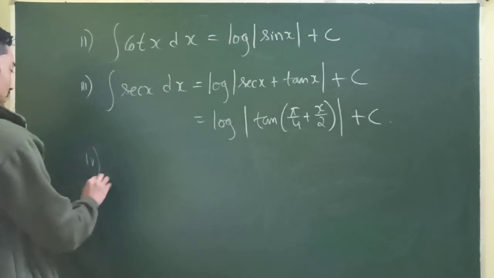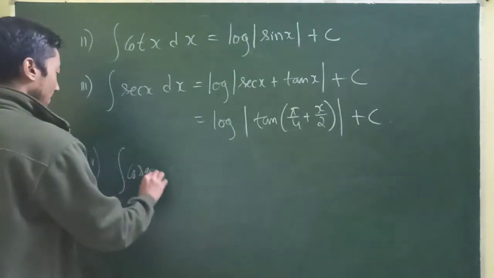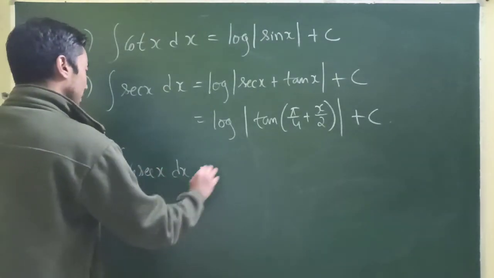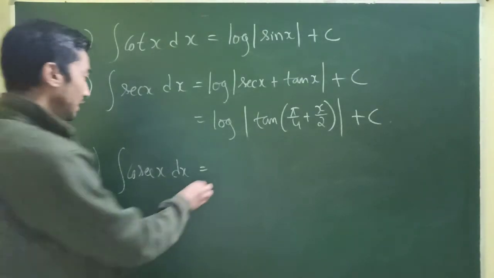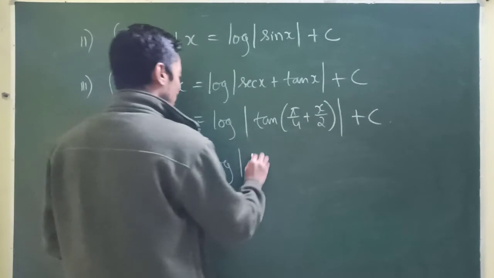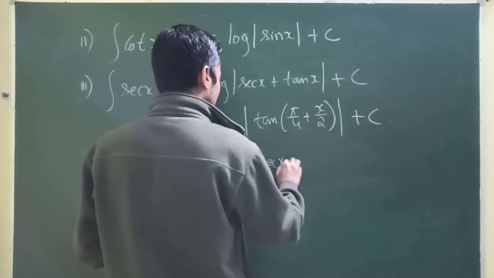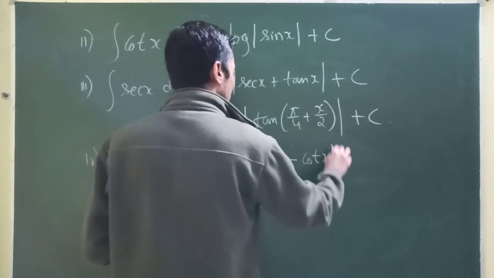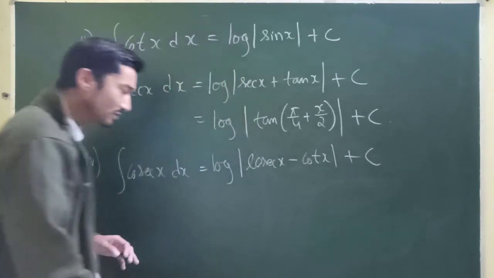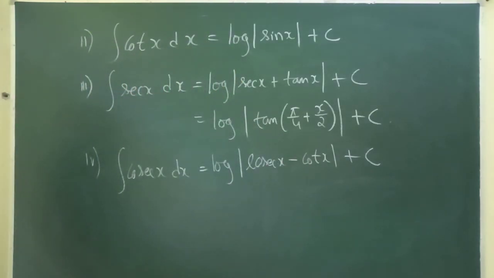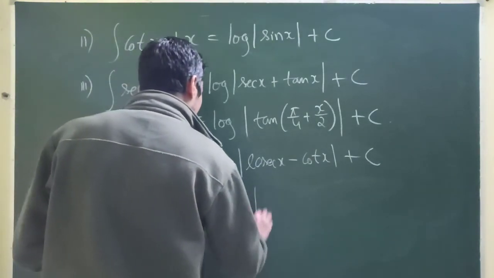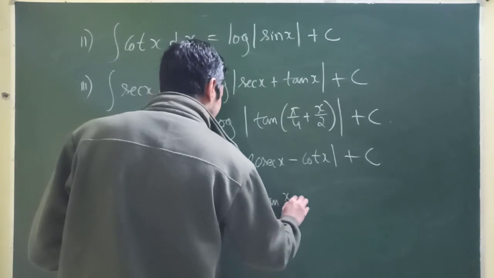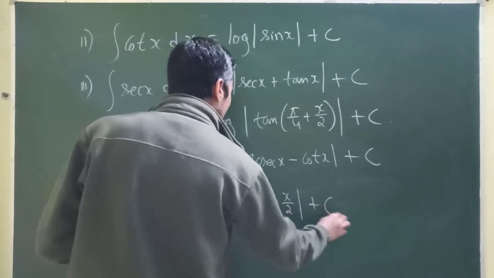Now the fourth one, that is integration of cosec x with respect to x. Integration of cosec x with respect to x will be, I guess you can guess, log of cosec x minus cot x plus c. Or another way of representing it would be log of tan of x by 2 plus c.